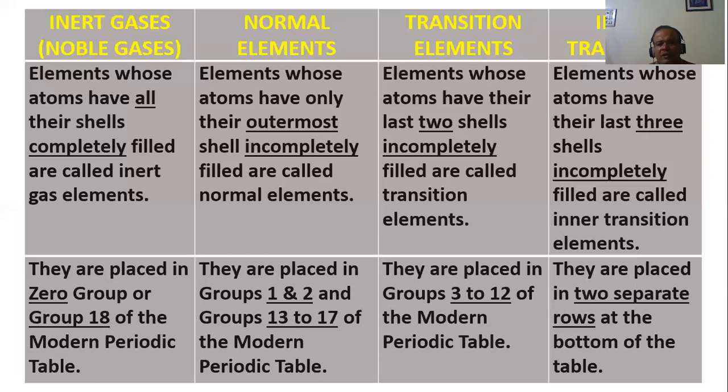I hope this is all clear. So when you're studying for the exam, I will advise you to study in this manner. Study all four of them together. They may ask you to distinguish between inert gas and normal elements, or normal and inner transition, or transition and inner transition, or any two of these. This type of question always comes.